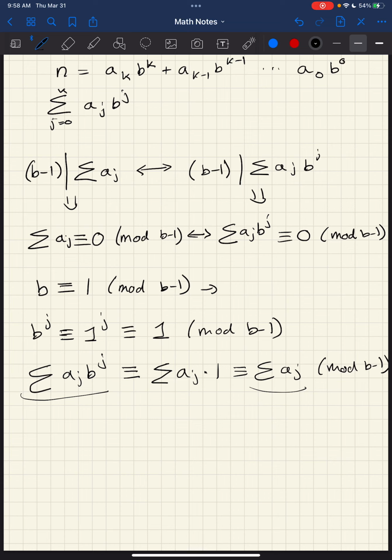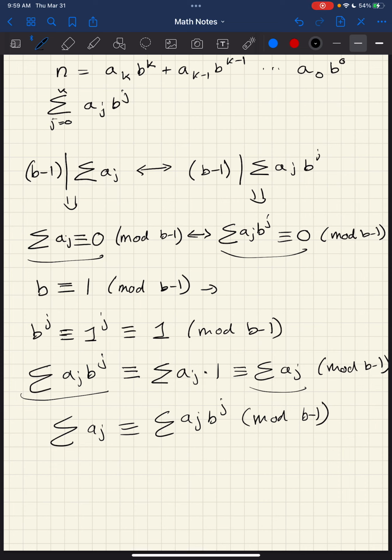So now we know that if, for example here, the sum of the digits is congruent to 0, then that will have to mean that the sum of the digits times the multiplier is also congruent to 0, since we proved they're equal, right? We proved that a_j is congruent to a_j b to the j in mod b minus 1.